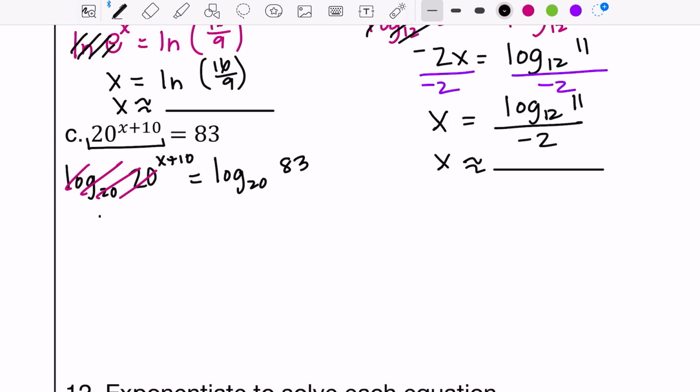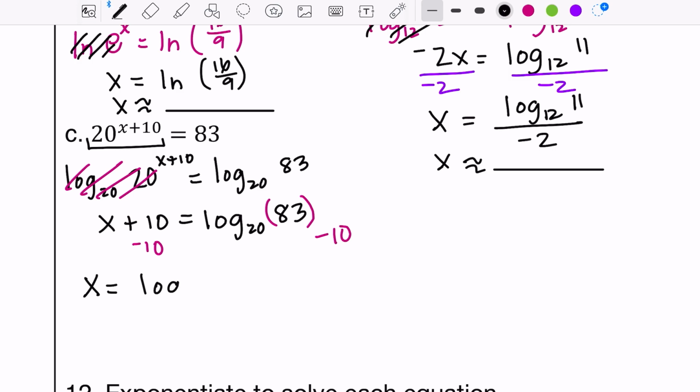And then we'll just have x plus 10 equals log base 20 of 83. We'll subtract 10 from both sides, at which point we'll put parentheses around our argument so we do not accidentally combine the argument with a constant that is negative 10. You cannot combine them. And then we'll use our calculator to figure that guy out right there.